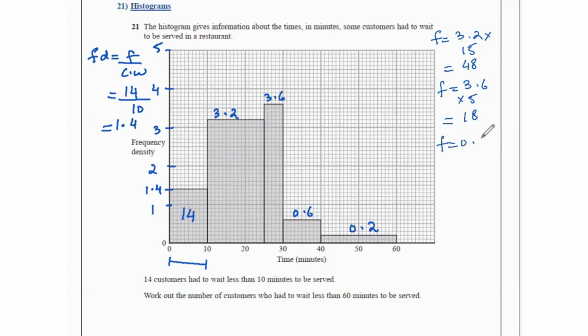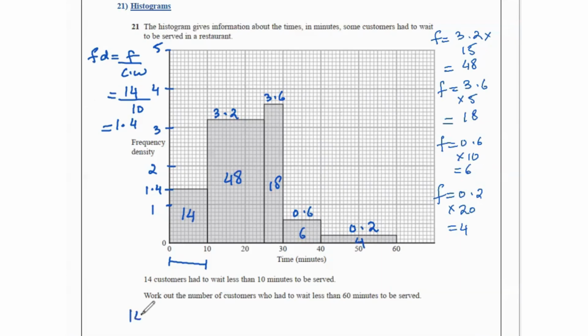Then it's 0.6 times 10, which is 60. Then it's 0.2 times 20, which is going to be 4. So for the number of customers who had to wait less than 60 minutes to be served, we add all of these up. 48 over here, 18 over here, 60 over here, 6 over here, sorry, this is 6. 6 over here and 4 over here.